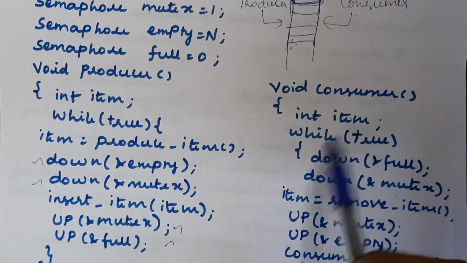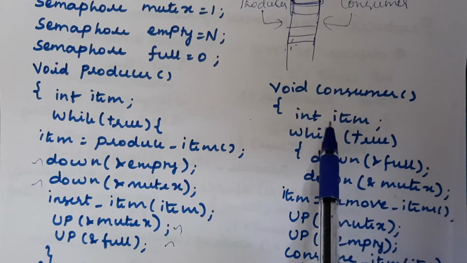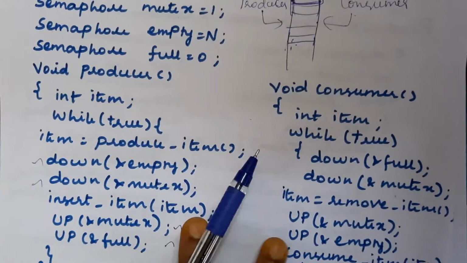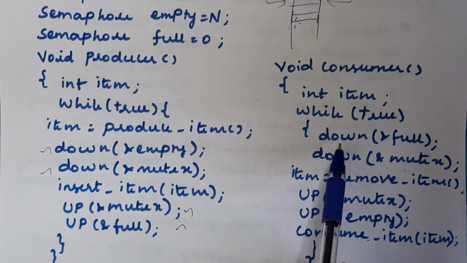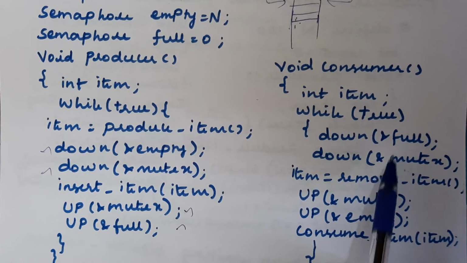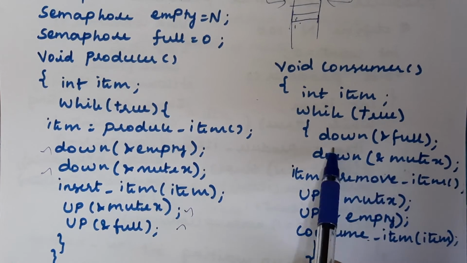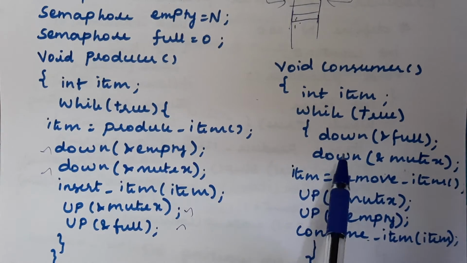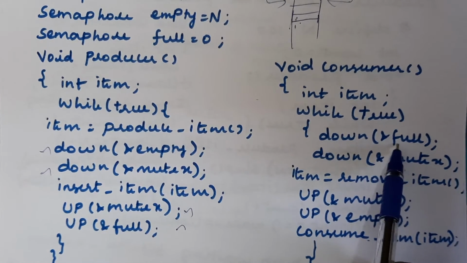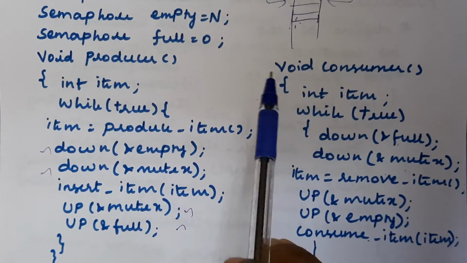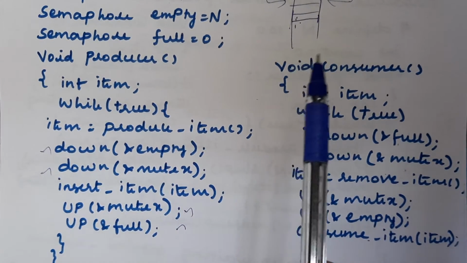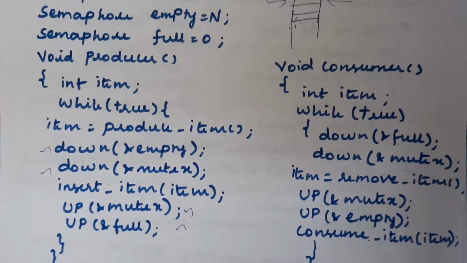I will tell you about these two sets of operations. Let's move on to the consumer process. Here also we have a local variable called item. While true, it checks the semaphore variables full and mutex with a down operation. Full equal to 0 means there is no data item in the buffer, so the consumer cannot perform its task.